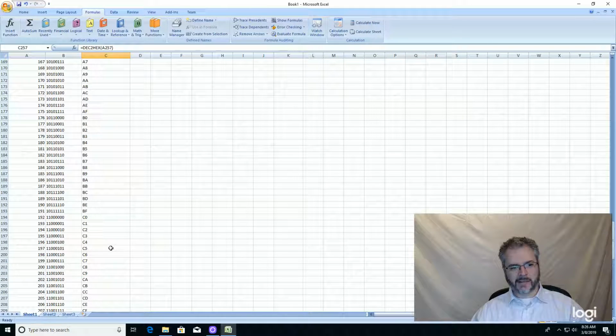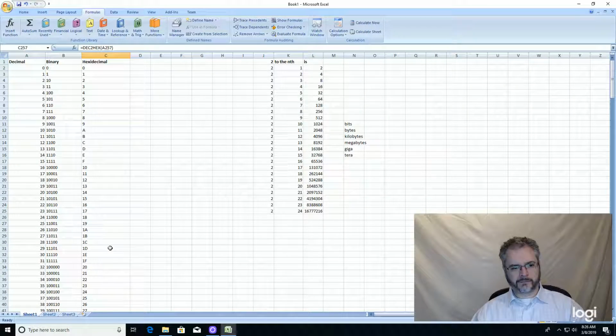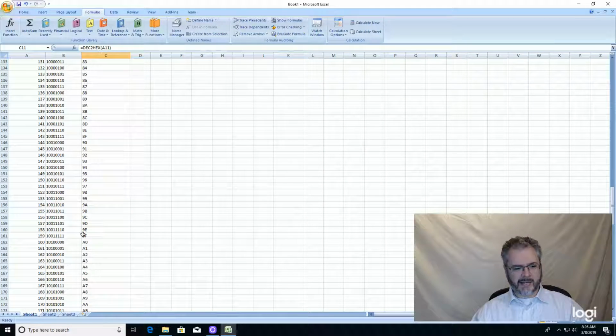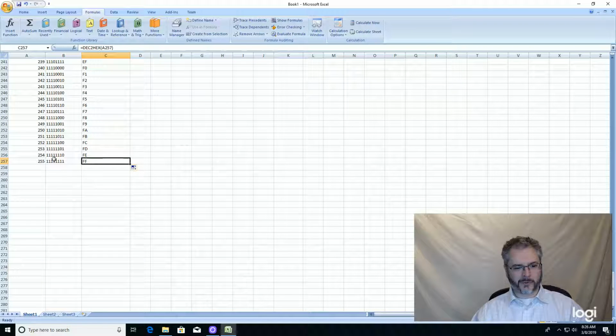So this is how hexadecimal works. And basically you can tell that it's nice to only have 2 digits instead of 8 digits. That's the whole point of hexadecimal. It's a shorter notation.